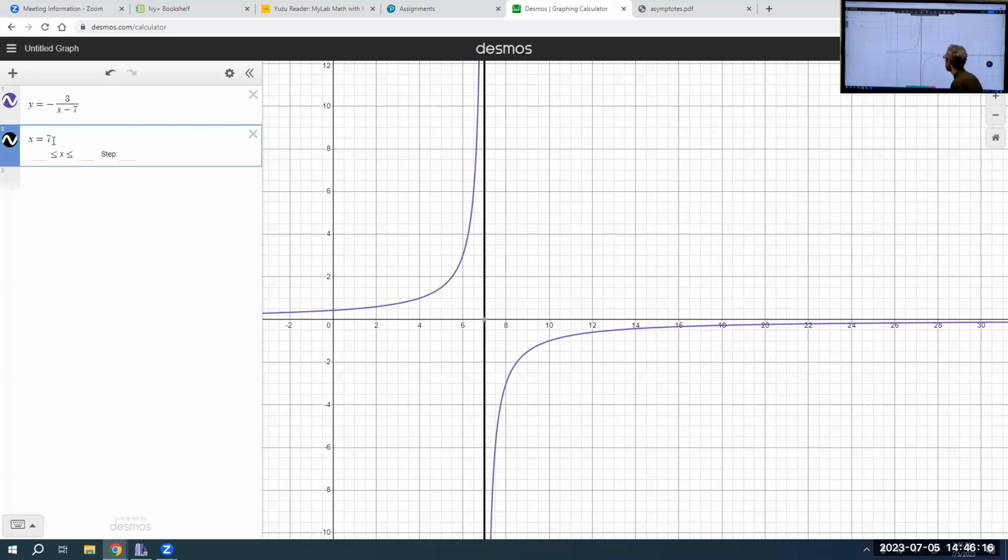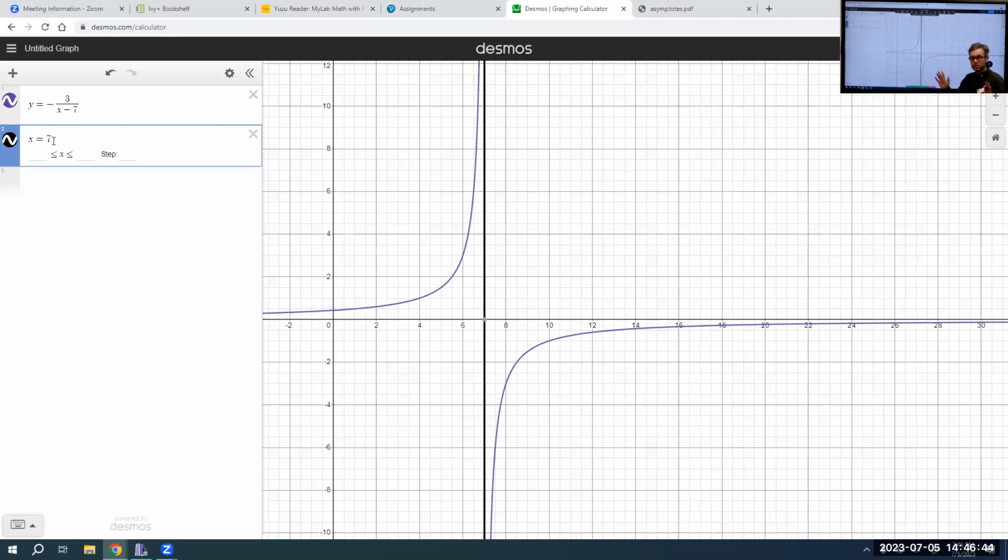There you go. It looks like the graph is increasing from negative infinity up to 7, but it never actually touches 7. And then from 7 to infinity, it's also increasing. That's kind of weird. So where is it decreasing? I don't think it is.